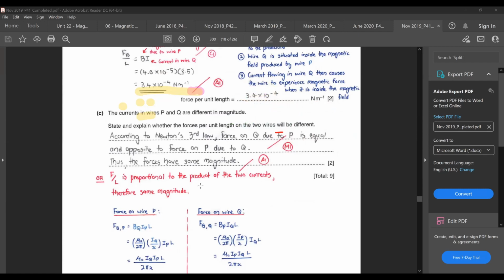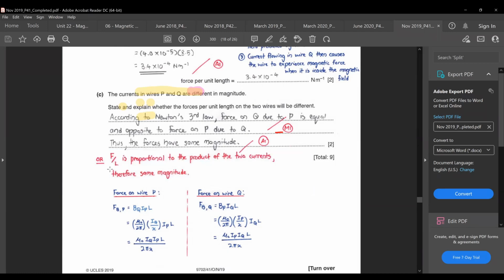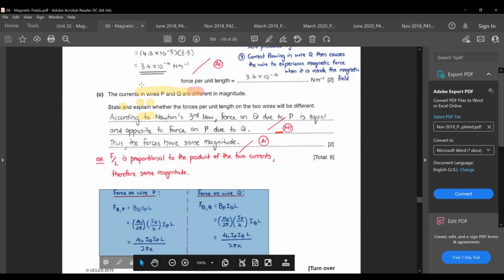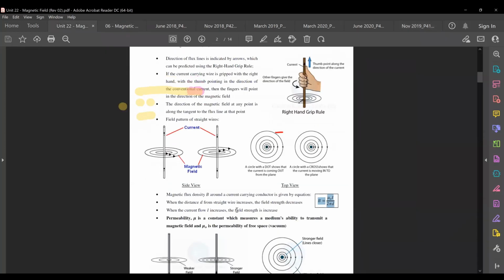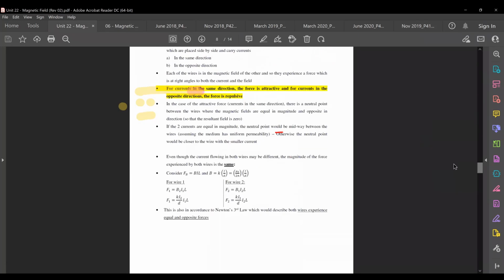Yep. There's also another one in red below here, where they say to you that the force per unit length is proportional to the product of the two currents, therefore same magnitude. It's actually referring to that little mathematical derivation that I just did, where eventually you get this one. Just now in the notes, I showed you the derivation of the forces, which is this one here.